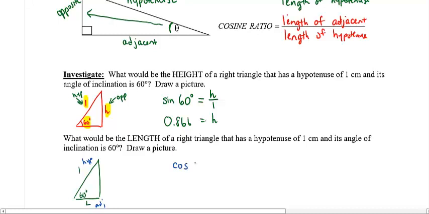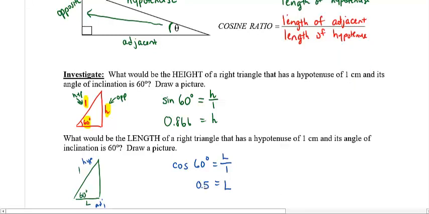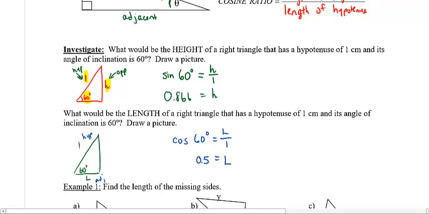So I'd use the cosine ratio. Cos of 60 equals the length of the adjacent side divided by 1. And then I can just type in cosine 60, and I know the answer to that is 0.5. So it's always half. Okay? So once again, here's how we can use the ratios to help us calculate the missing sides.